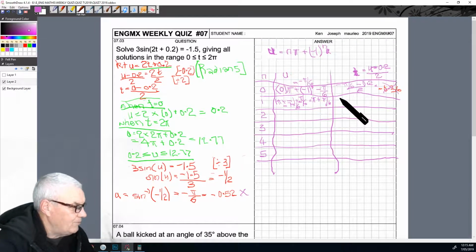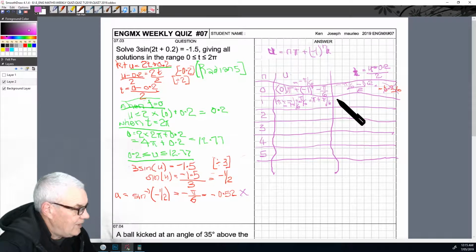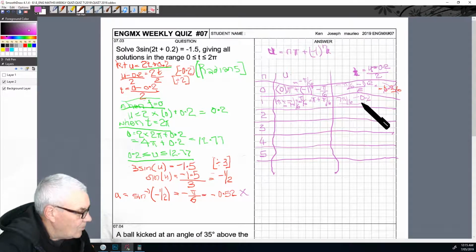So now we're going to go over here, so that's 7 pi by 6 minus 0.2 over 2.